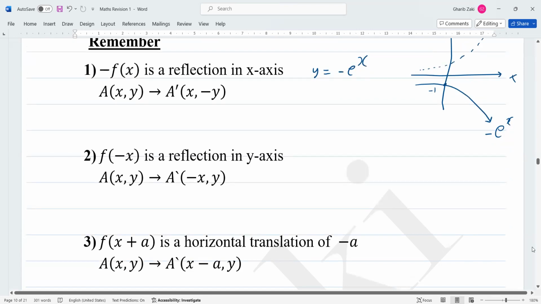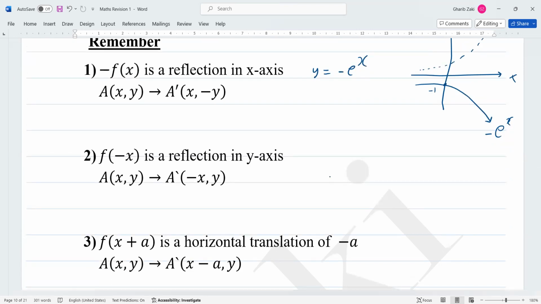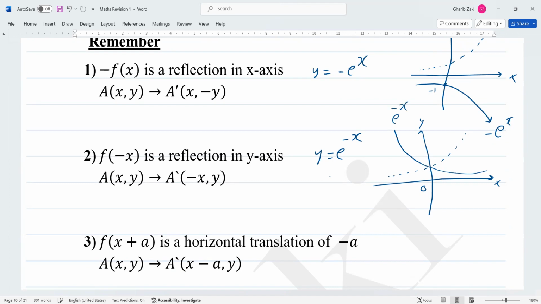If the negative is with x, it will be reflection in y-axis, like that. y equals e power negative x. How can we represent this graphically? 0, x, y. This is the function e power x. We reflect this function on the y-axis, then this is the curve. So this is e power negative x.